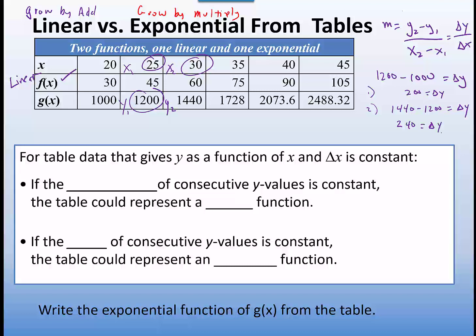Now I see with my first try and my second try that the change in y's is different. So if I did the slope, I'm getting a different slope on this second pair of points, which is suggesting to me strongly that it's not linear.